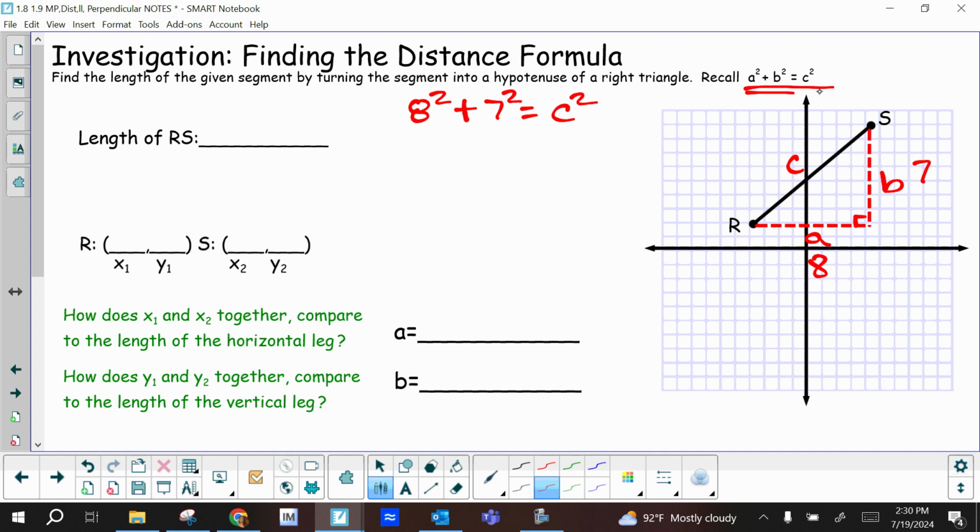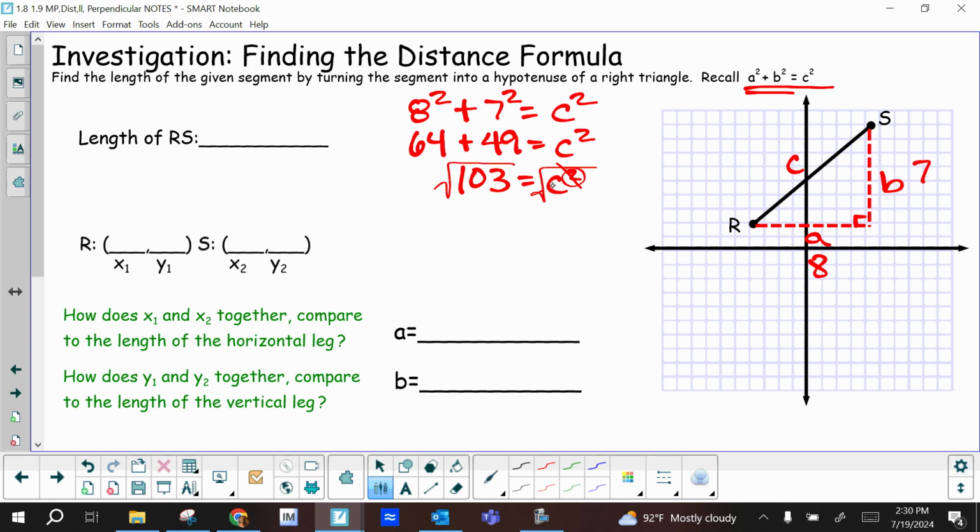All right, so I'm going to need to use my calculator here. So I know that's 64 plus 49 equals c squared. And 64 plus 49 is 113. And then to get c squared by itself, we need to get rid of that squared. So what you do is you square root to get rid of that. And then algebra always says whatever you do to one side, you must do to the other.